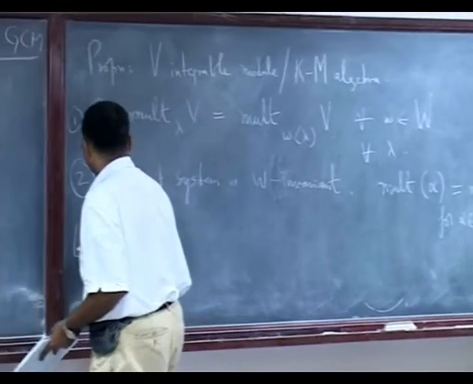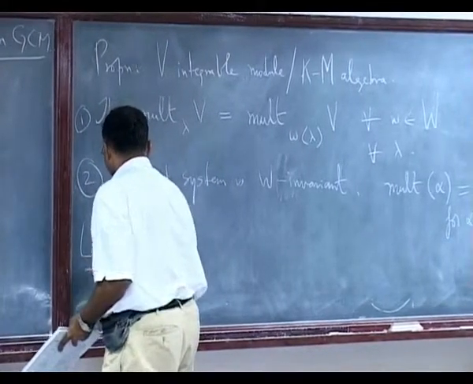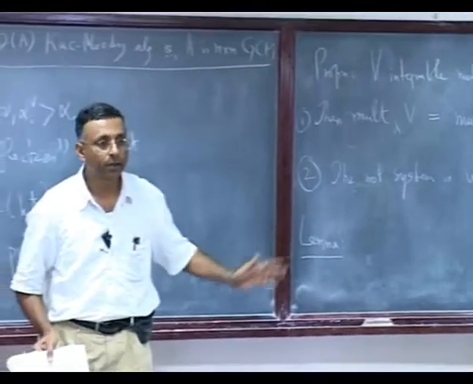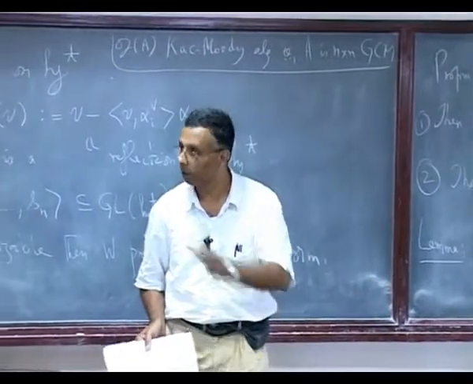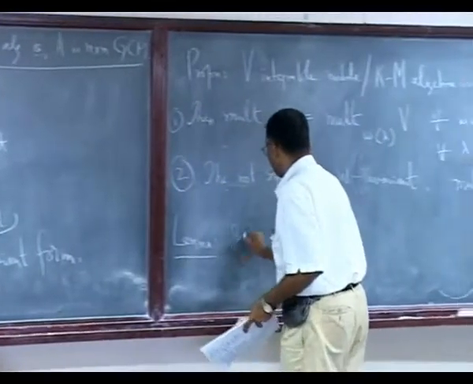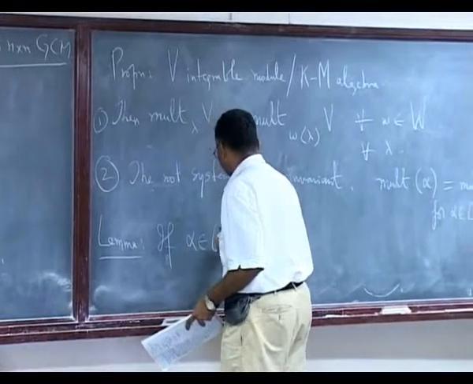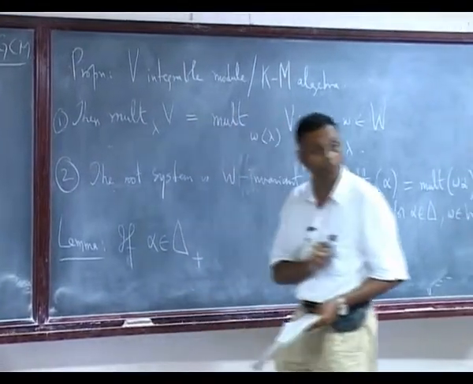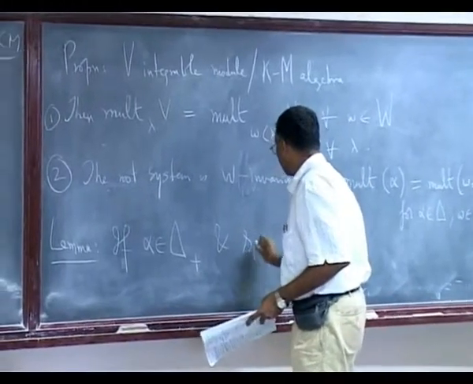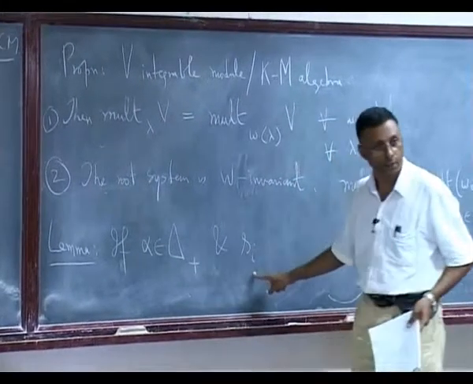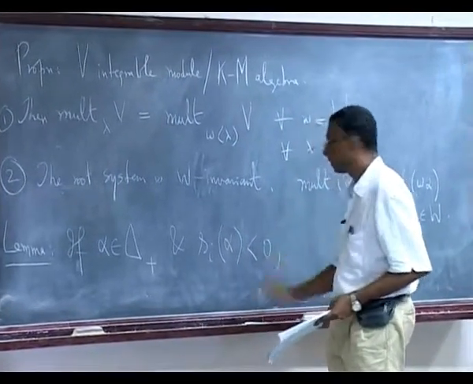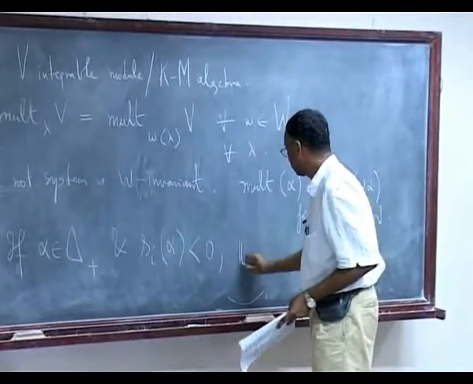And there is a lemma which is very easy to prove, and I will not do it, and whose finite dimensional analog you have seen and used several times. So I just record this, and it says if alpha is in delta plus, that is, it's a positive root, and S_i, in our notation, is always a simple reflection, and S_i of alpha is negative, then what can you say about alpha?